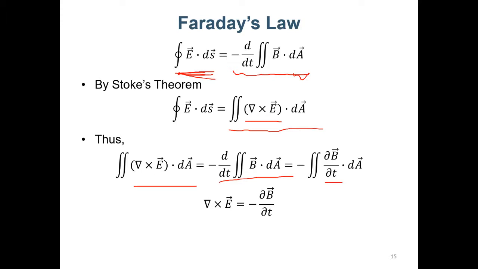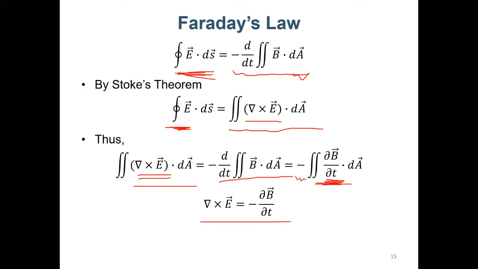And with a similar argument, because the loop is arbitrary, every point should agree with each other to make the whole integral agree. So this one should equal this one with the negative sign.